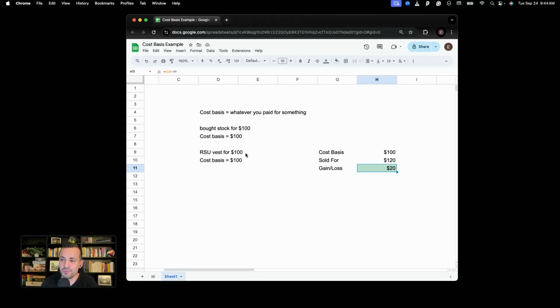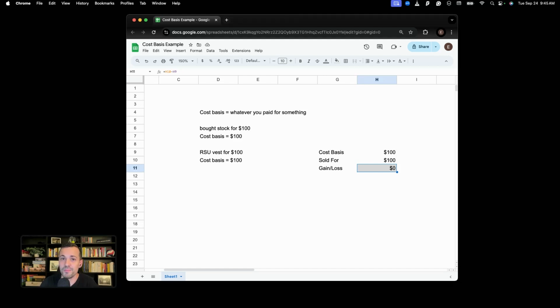RSUs are both taxed once they vest, and then again at sale, depending on whether or not there's a gain or a loss. So if you sold for $120, you'd have a gain of $20. If you sold your stock for $80, you would then have a loss of $20. If you sold for exactly $100, you'd be break even and you'd be able to take the cash and invest elsewhere.